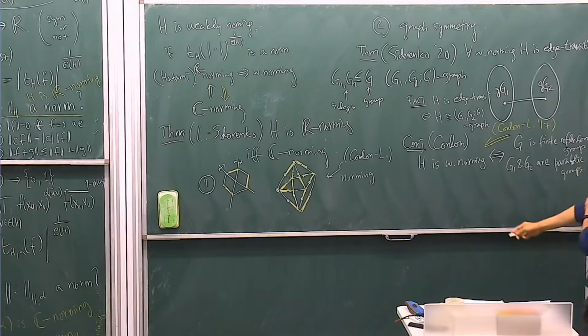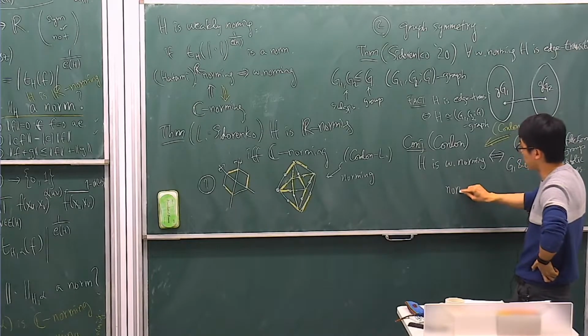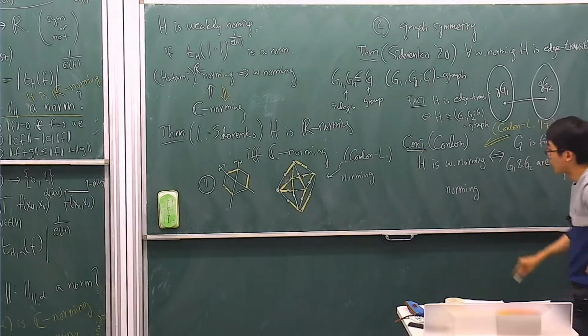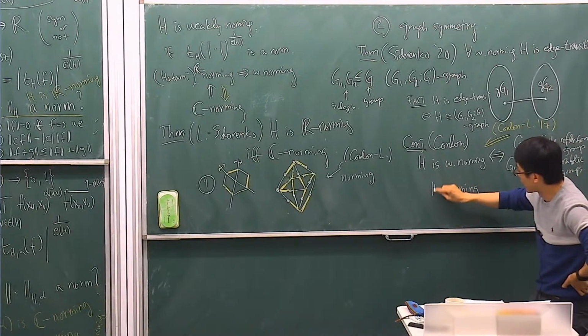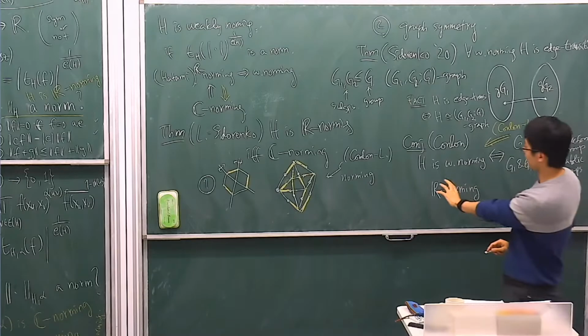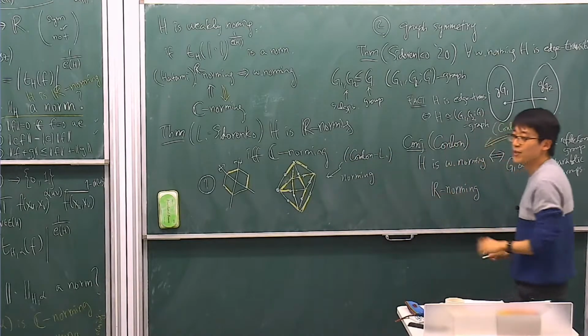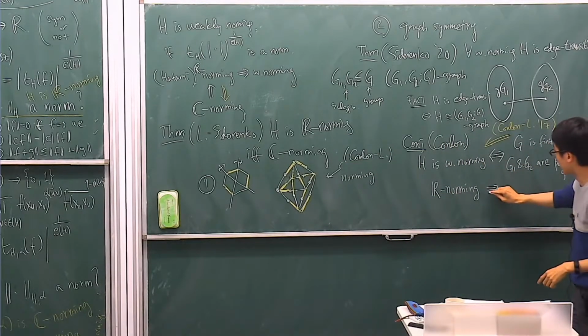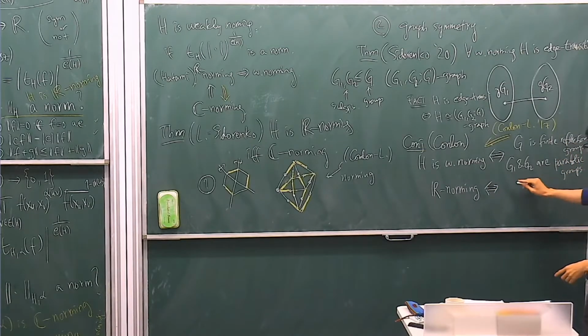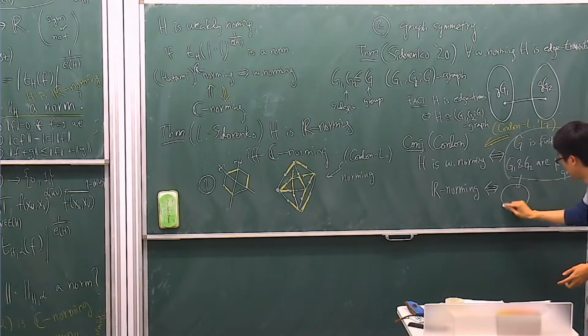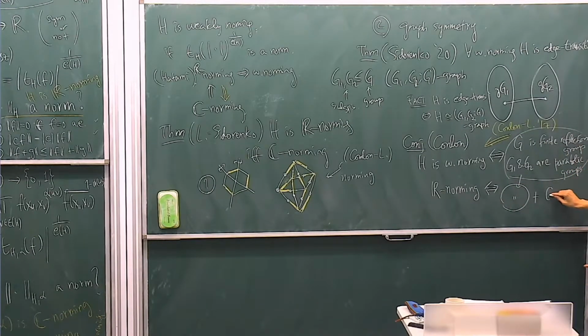Yeah, and furthermore, there's a corresponding statement for norming graphs. H is real norming, well, I can ignore this field because of this theorem, but let me just be precise, if and only if, furthermore, this whole property plus G1 and G2 only have trivial intersection, which is the identity.